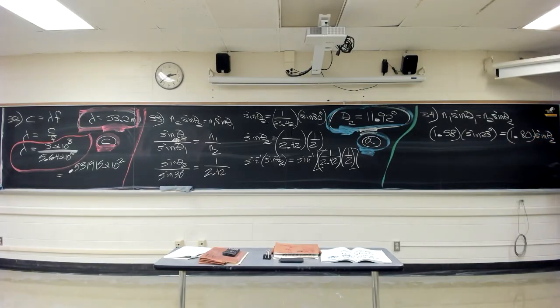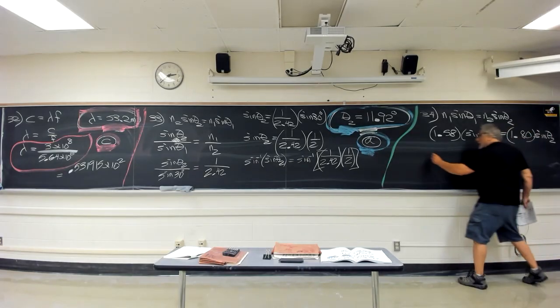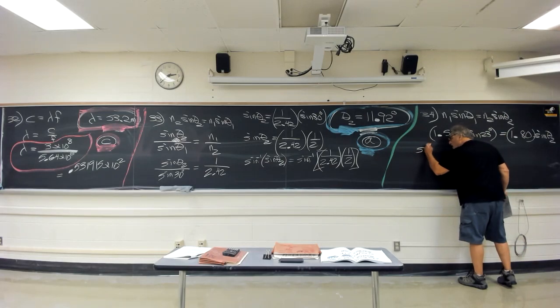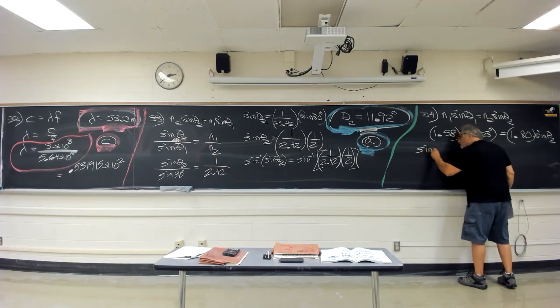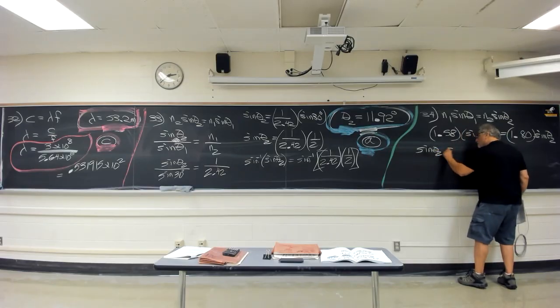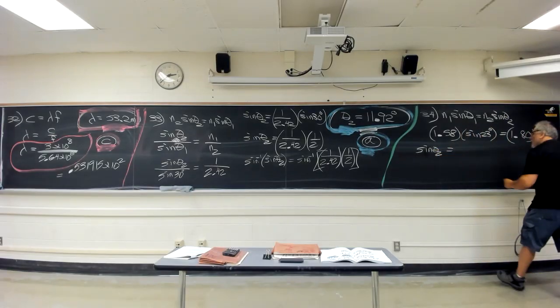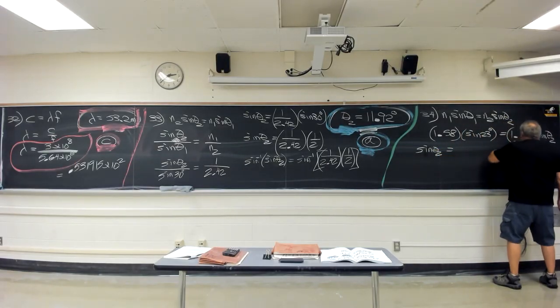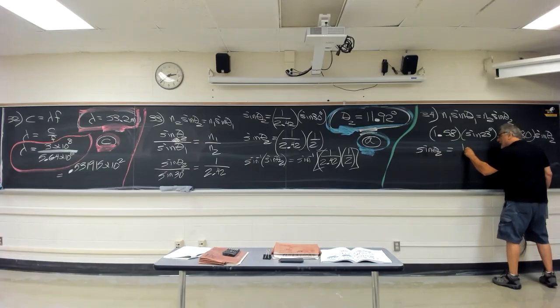This is one equation and one unknown. It should be pretty straightforward. Sine theta 2 should be, let's divide by 1.80 on each side.